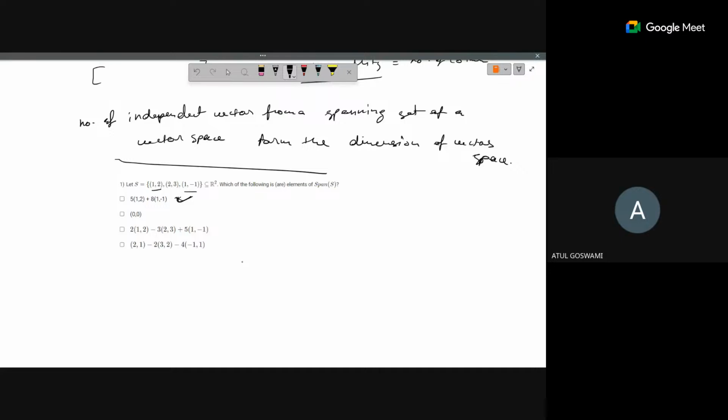How do you check this? I can take any of the vectors, say with values minus 2, 3. So it is 2, 1 and minus 1.